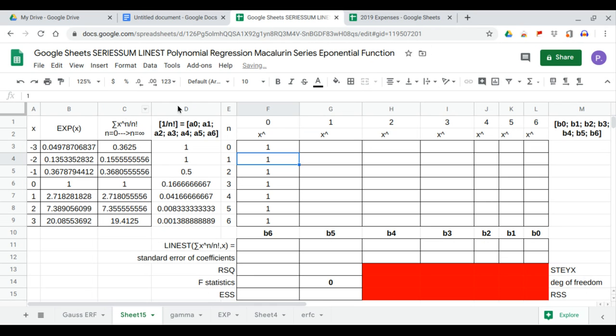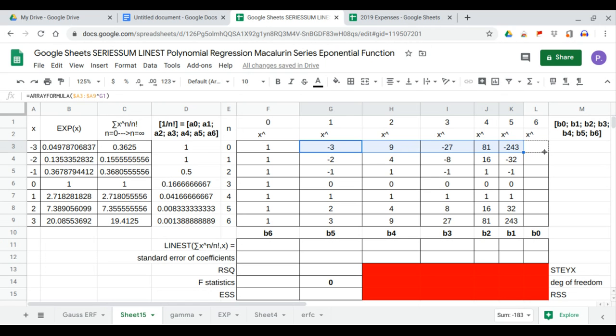And drag this so we have the x squared column. This is the x column, which matches this x value. Then the x squared column, and the x cubed column, and then the x to the fourth column, and then the x to the fifth column, and x to the sixth column.